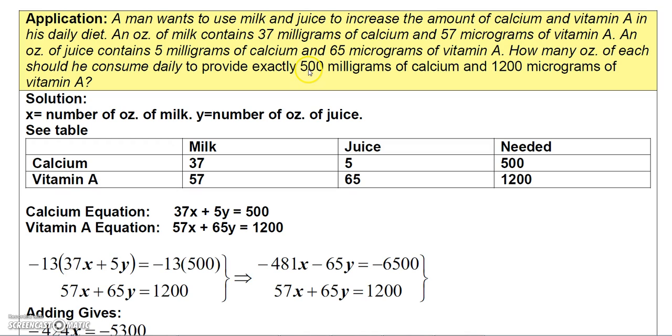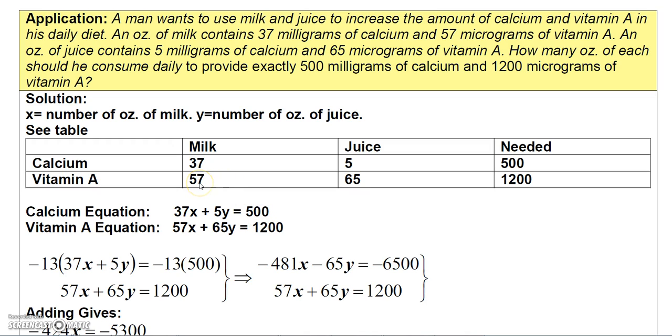And you have to have 500 milligrams of calcium. So if you multiply 37 times the number of ounces of milk, and then 5 times the number of ounces of juice, that represents the total amount of calcium that you get, and that has to equal 500 units of calcium.